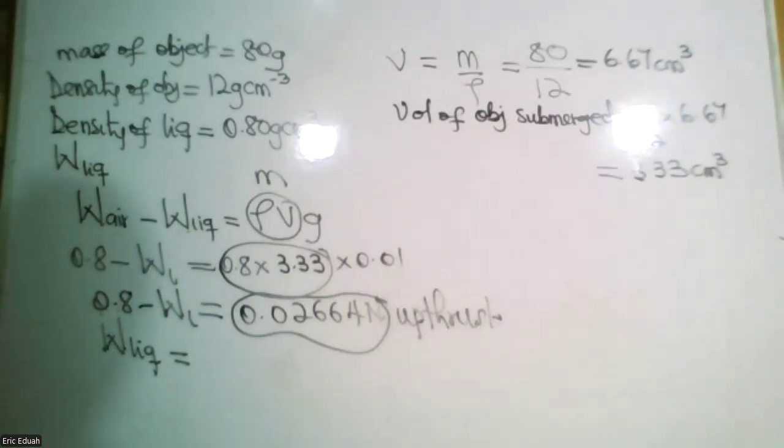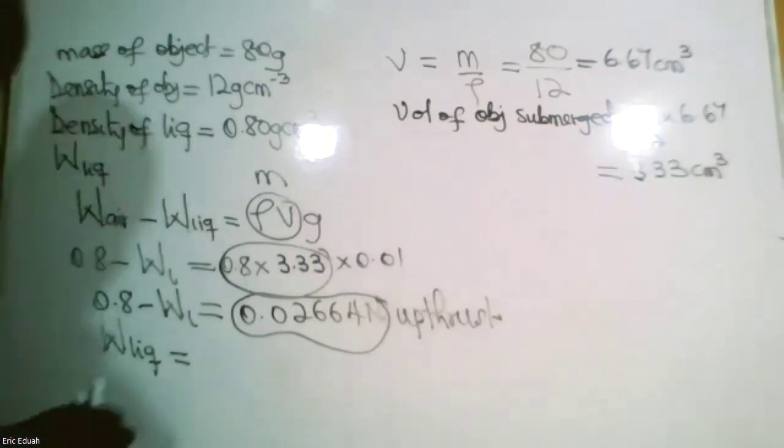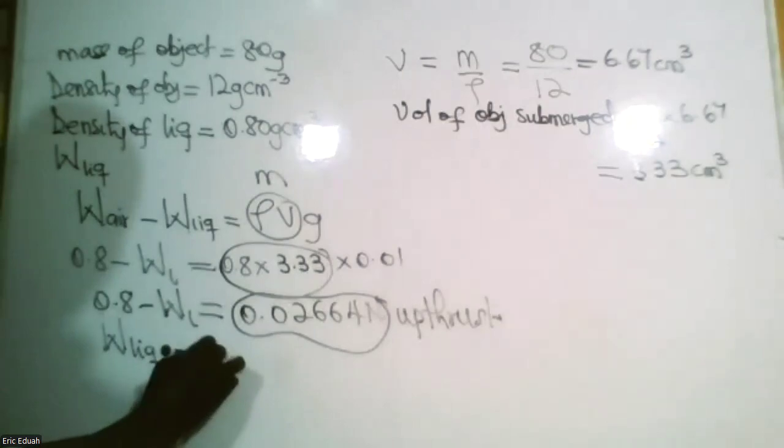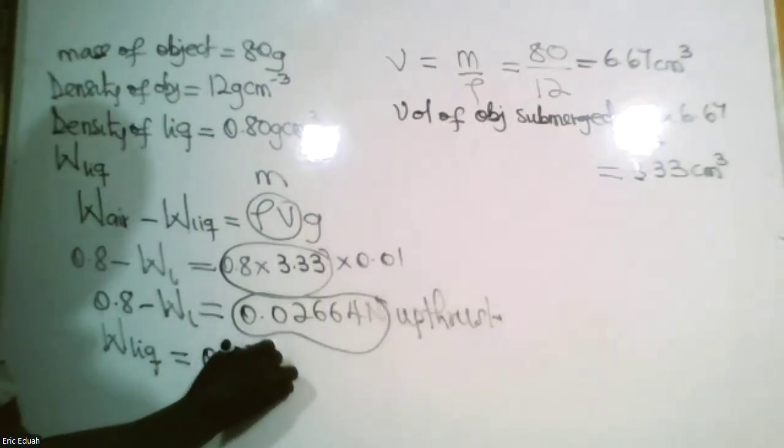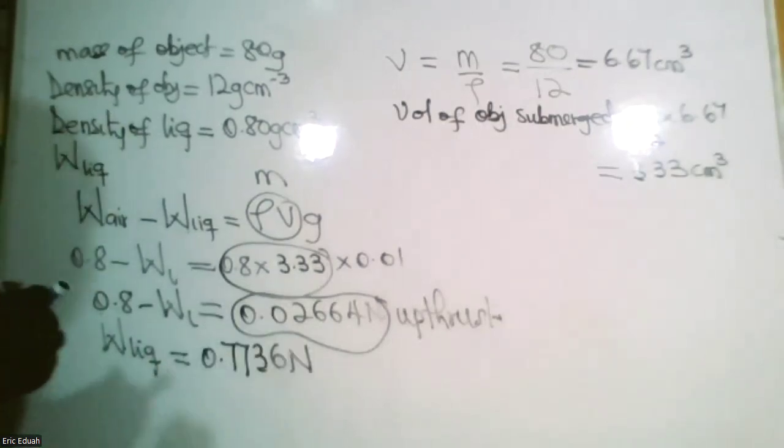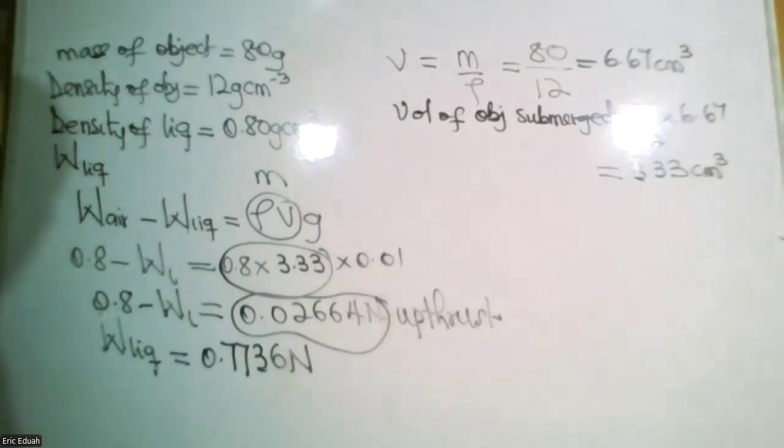Minus is never true. I got 0.77336. That's correct. 0.77336 Newton.